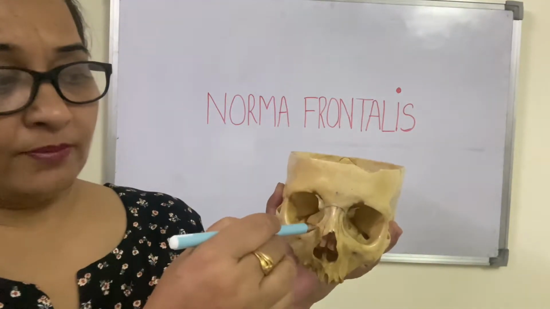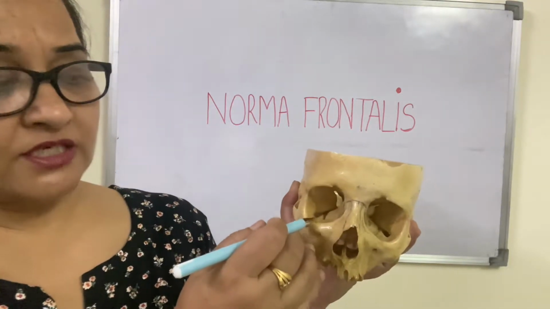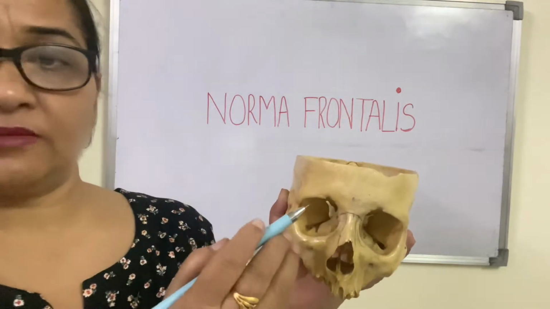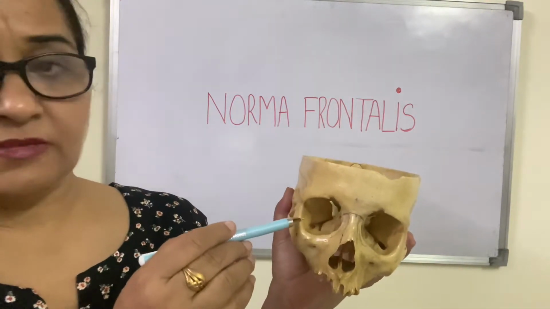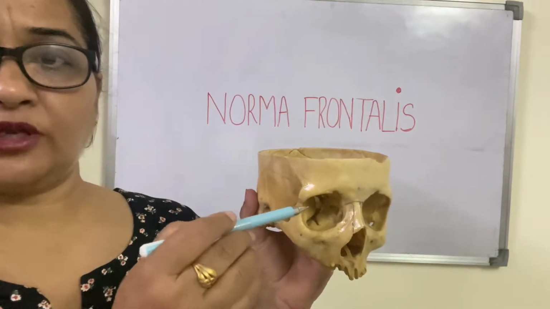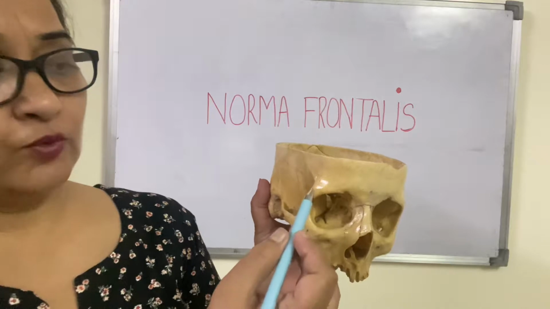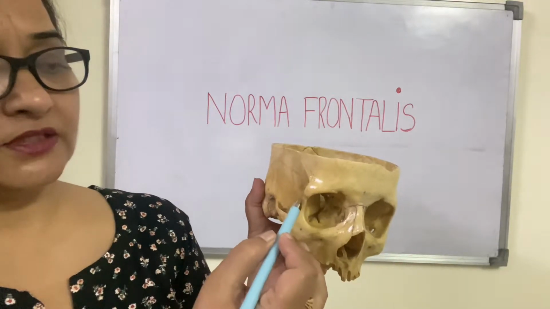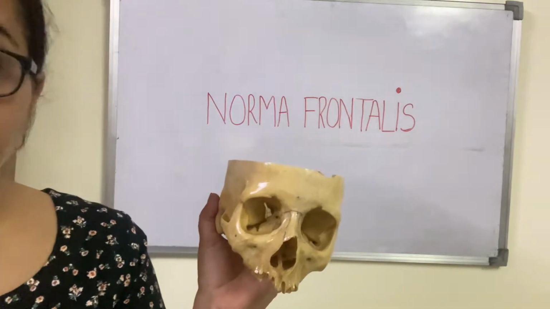Now this is the orbital margin. The upper part of this orbital margin is formed by the frontal bone, you can see here. The lateral margin is formed by the frontal bone above and by the zygomatic bone below. This zygomatic bone and frontal bone are separated by the zygomatico-frontal suture that is visible near the lateral wall.